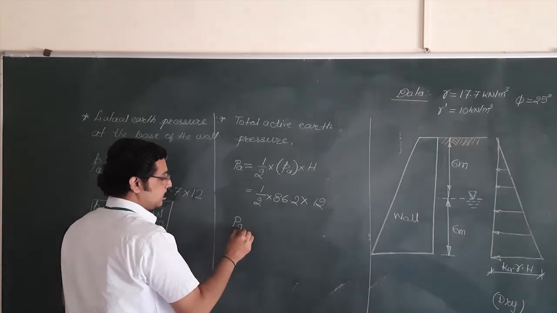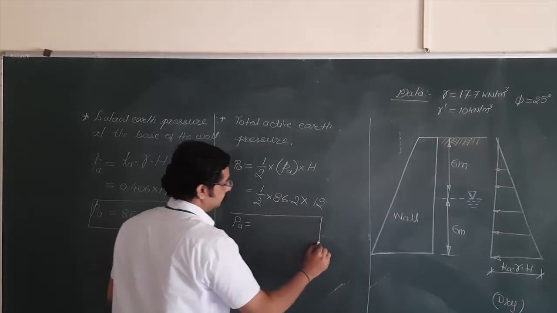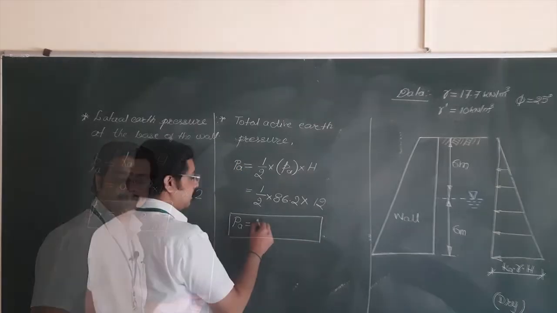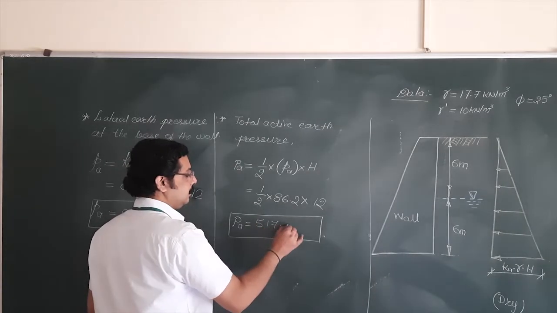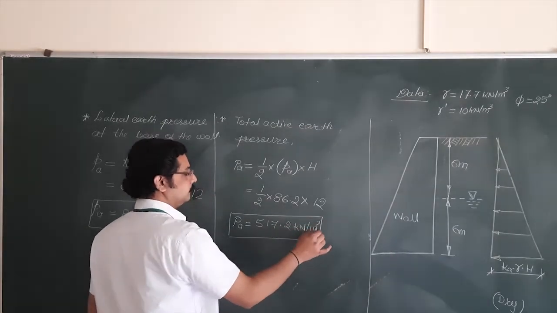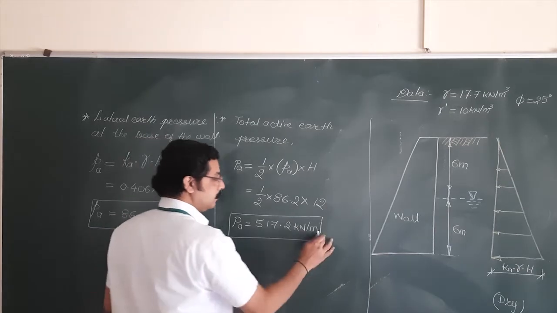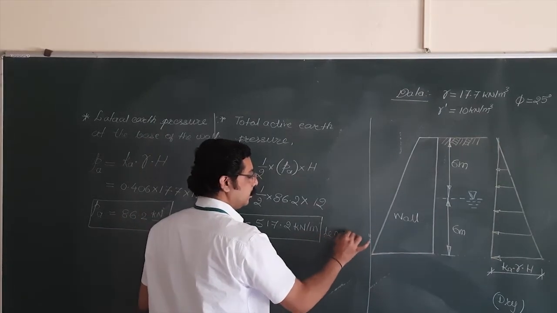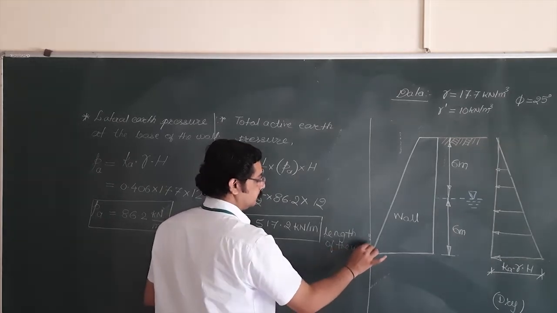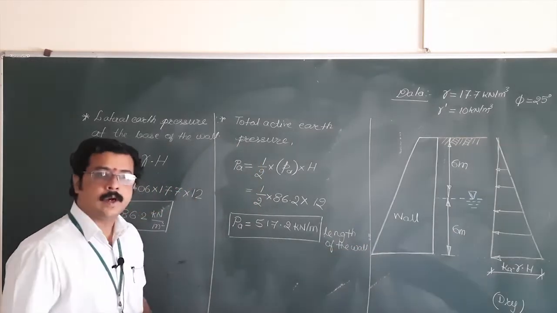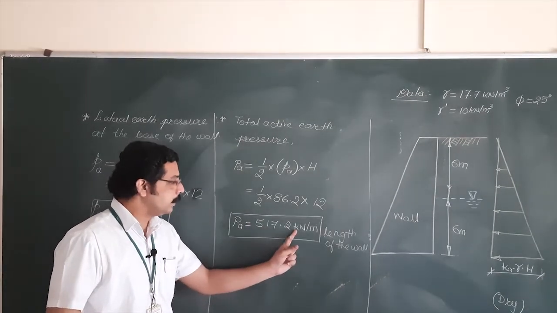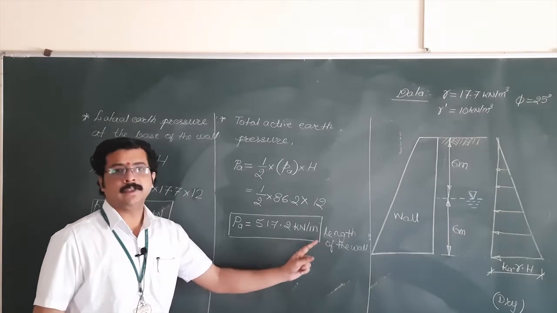Hence, total active earth pressure capital PA is equal to 517.2 kilonewton per meter length of the wall. So after calculation, PA comes out to be 517.2 kilonewton per meter length of the retaining wall.